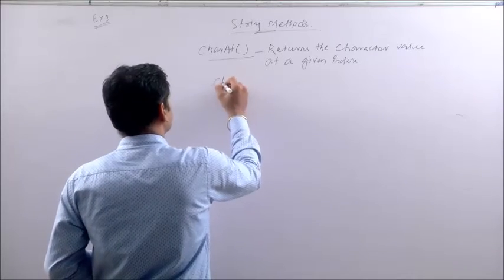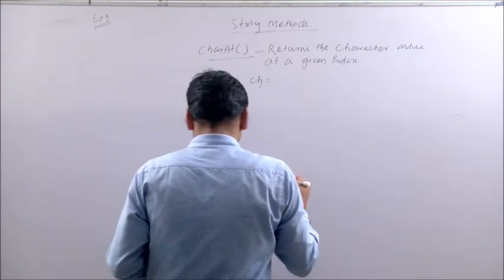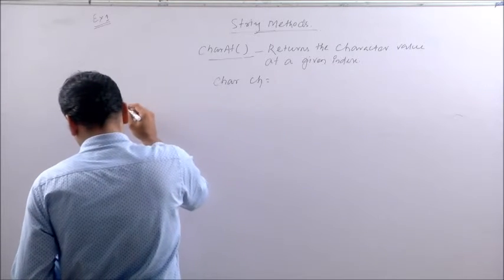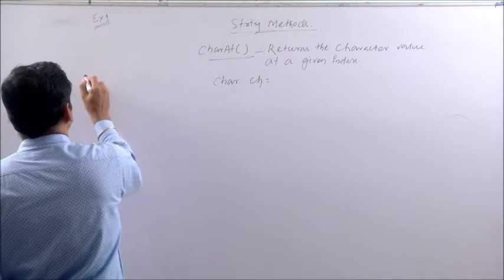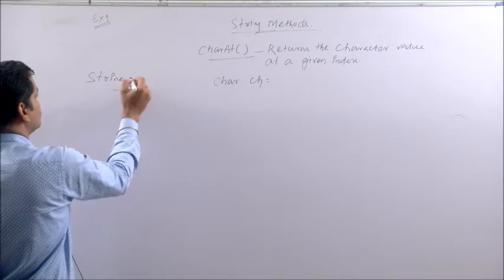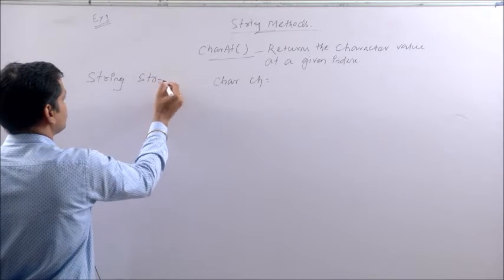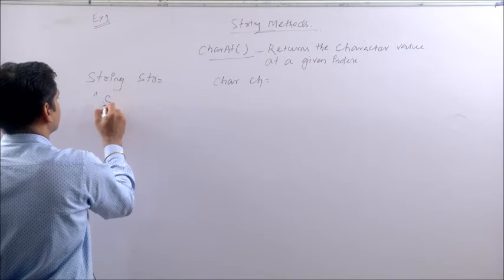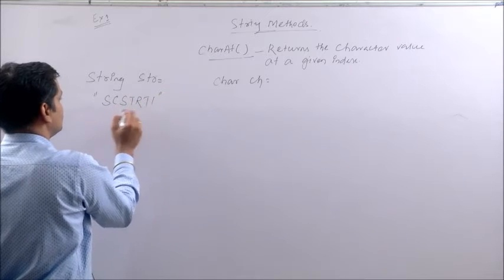So you may use it like this: char ch is a character that this is going to return. Let us create some string object here so that we can understand. Suppose str is a string object and it stores a value scstrti.